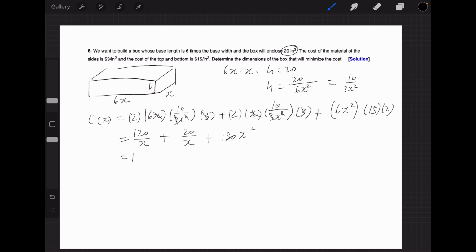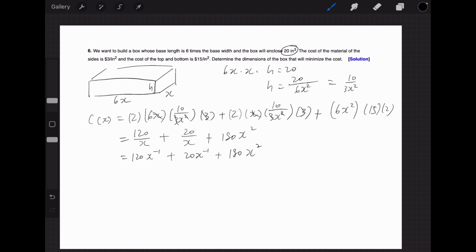We can rewrite that as 120 x to the power of negative 1 plus 20 x to the power of negative 1 plus 180 x squared. We're not yet to the derivative, so it is 180 times x squared.